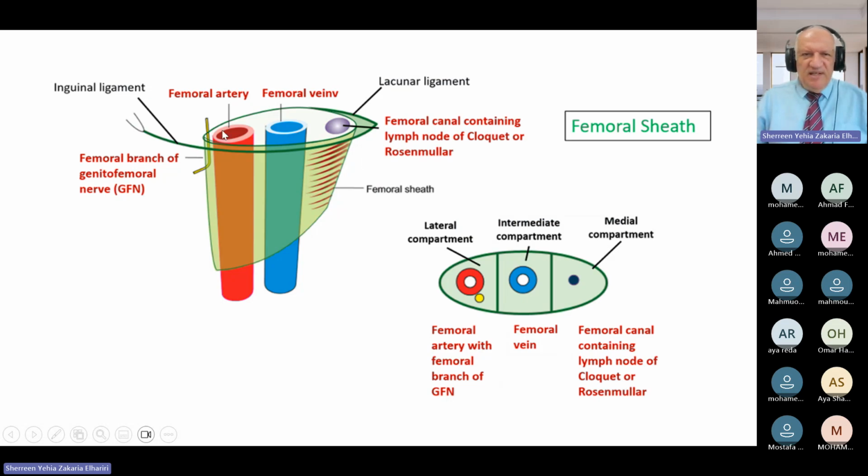Of course, this is the femoral canal, and this is important in femoral hernia. And the common question, if the patient has a femoral hernia, the medial border is what? Anyone? Lacunar ligament. Okay. And the lateral border?